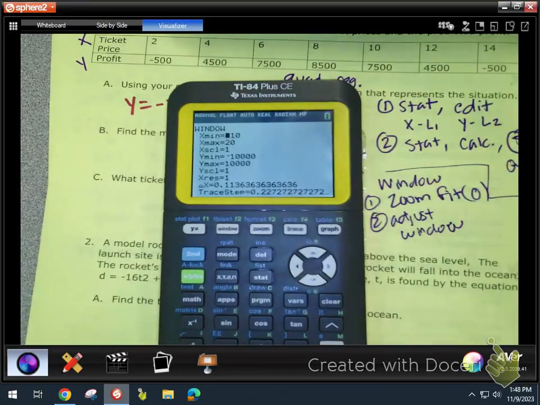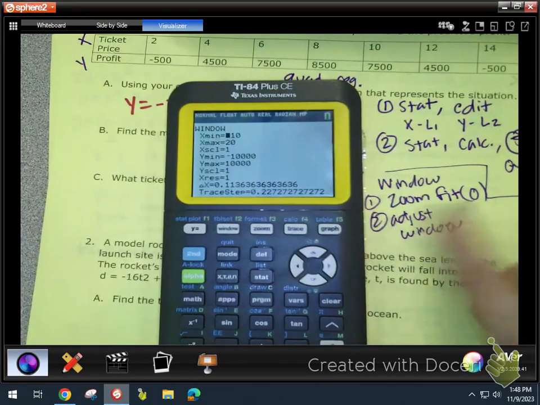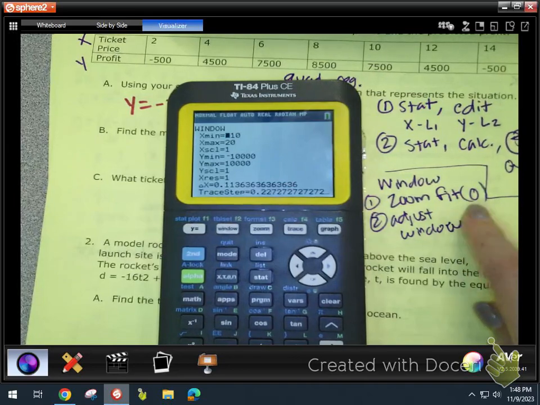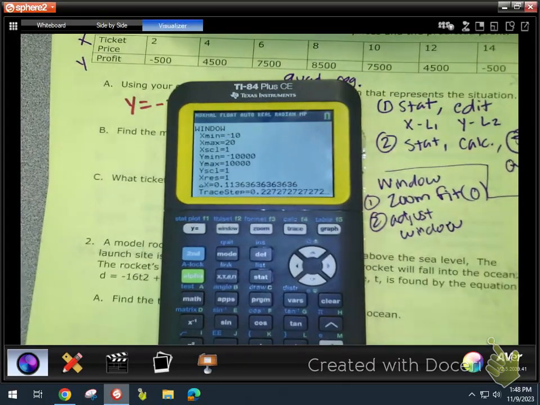A quick recap. They're not all going to take this long, I promise. I'm going extremely slow to show you the process. The first thing I did, if I couldn't tell anything, was Zoom Fit. After that, I adjusted the window. Your X min and max should not be bigger than, let's say, negative 100 and positive 100.